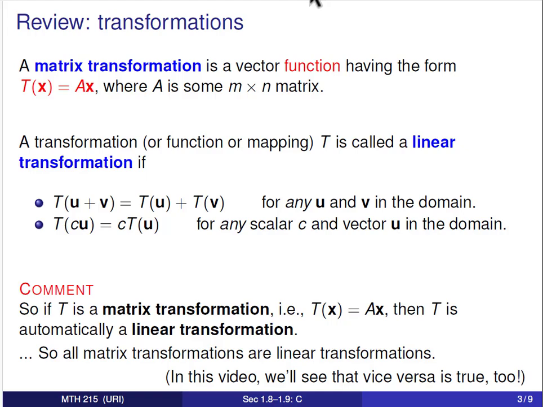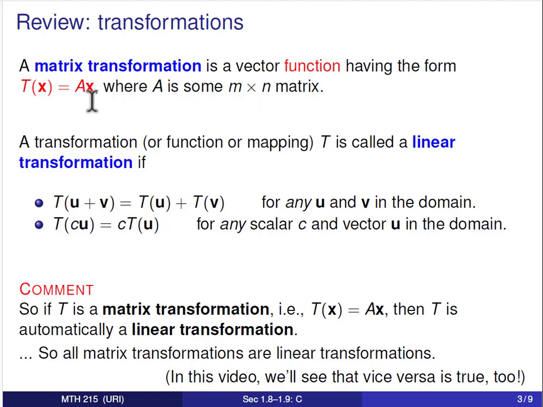So let's review a couple of those terms from the outcomes. We talked in the last video about matrix transformations. We said that a matrix transformation is a function that you get just by taking a fixed matrix and multiplying it onto a vector, where the vector and the matrix have the sizes that make it work.